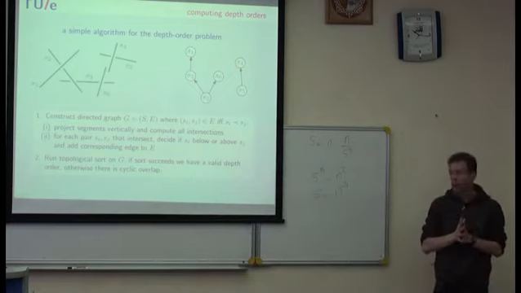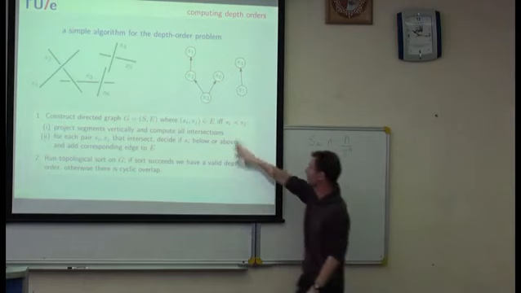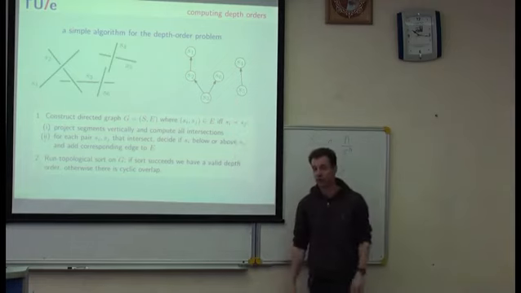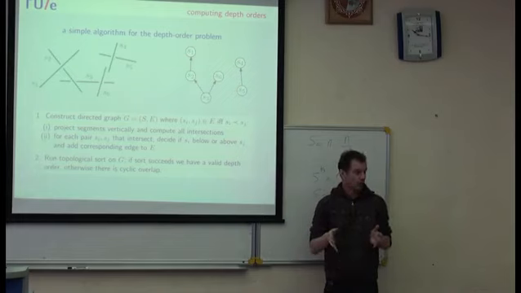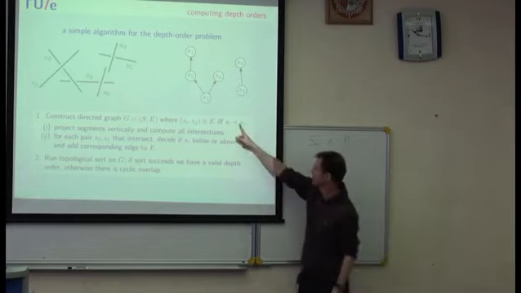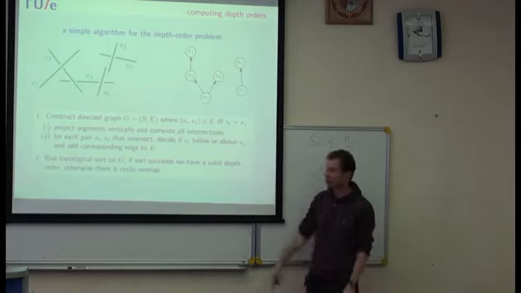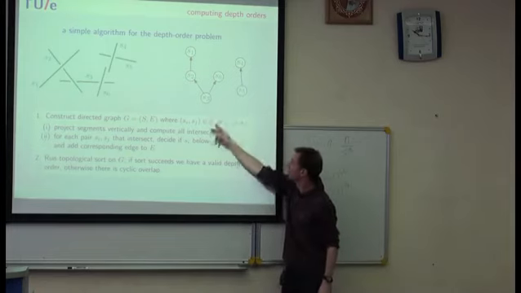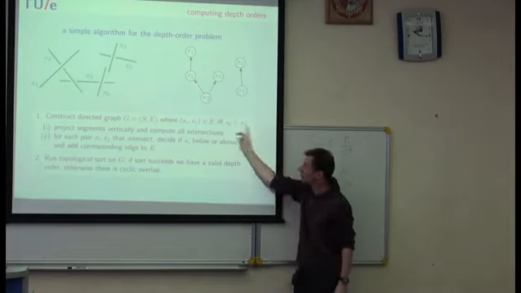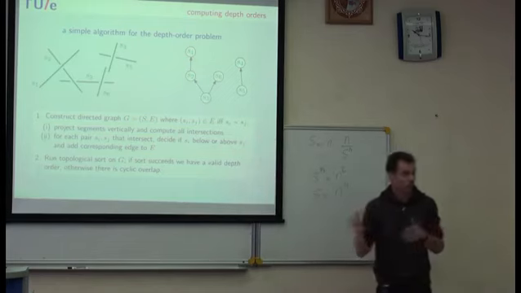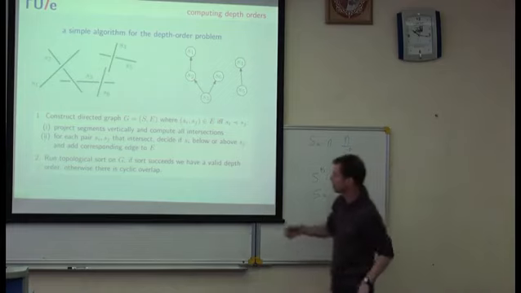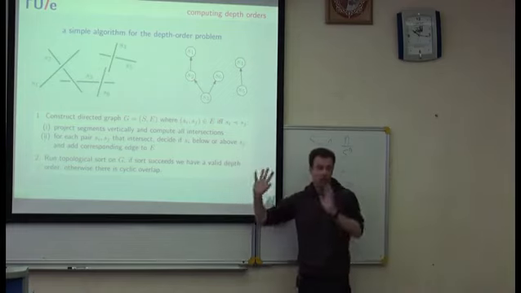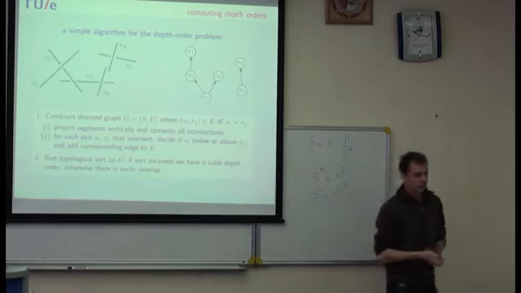Okay, and now a depth order is simply the same as a topological order on this graph. Right, the depth order was an order that is consistent with this relation, and this graph encodes this relation, so a topological order on the graph is the same as a depth order, so you just run topological sorting.